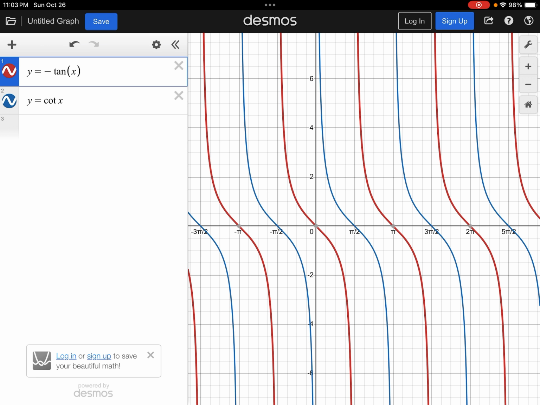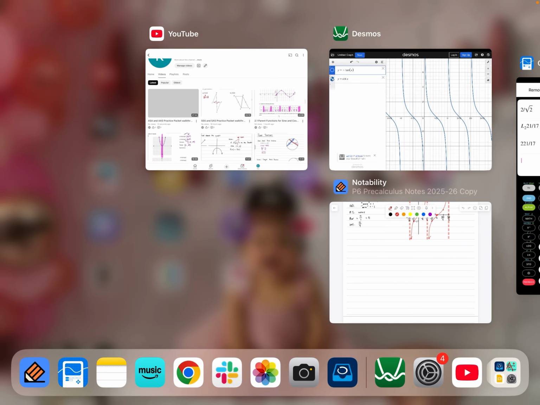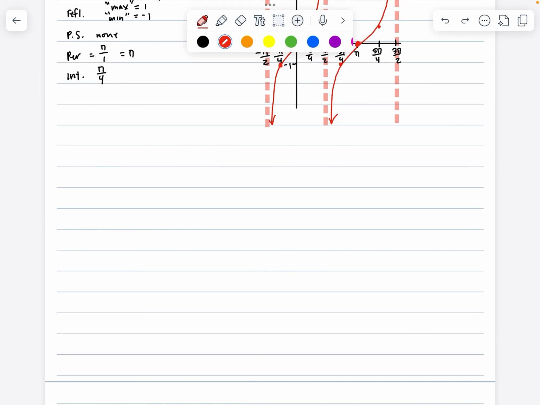They're not on top of each other. In other words, they're not the exact same thing. If I have a reflected tangent wave and a cotangent wave, they're actually different because one of them is phase shifted relative to the other. So, in a cotangent wave, we could actually start on the y-axis and just graph to the right.